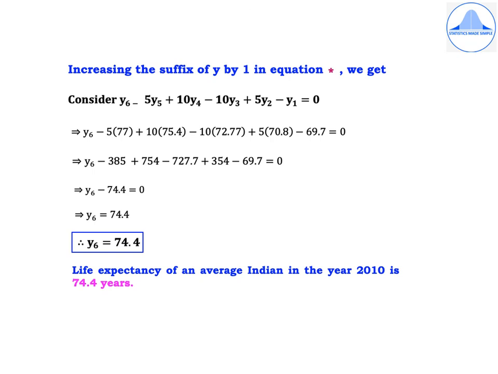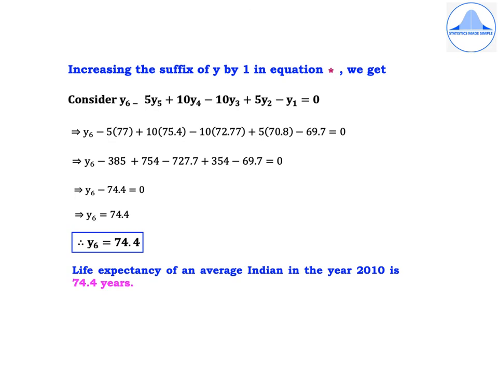Find the other missing life expectancy. Increase the suffix of y by 1 in equation star and we get y6 minus 5y5 plus 10y4 minus 10y3 plus 5y2 minus y1 equal to 0, which implies y6 minus 5 into 77 plus 10 into 75.4 minus 10 into 72.77 plus 5 into 70.8 minus 69.7 is equal to 0, which simplifies to y6 minus 385 plus 754 minus 727.7 plus 354 minus 69.7 equal to 0, which implies y6 minus 74.4 is equal to 0, or y6 is equal to 74.4.